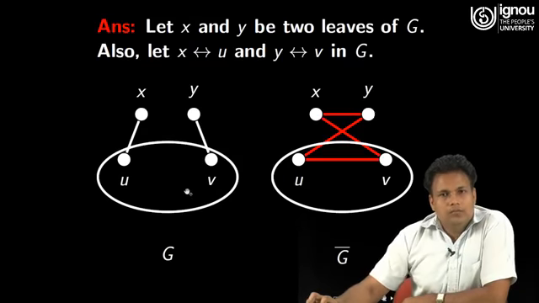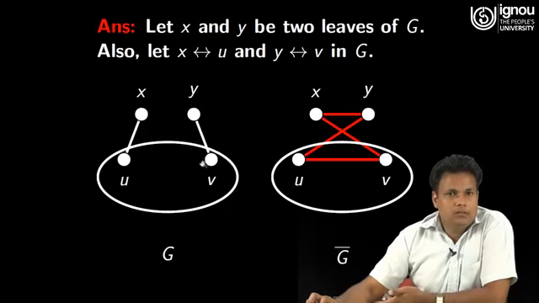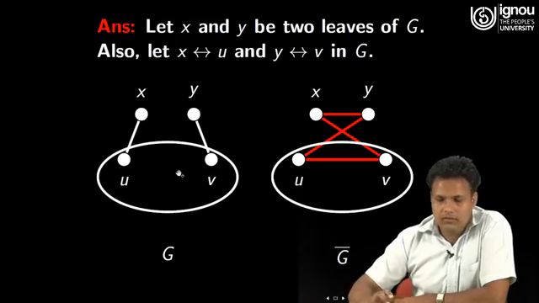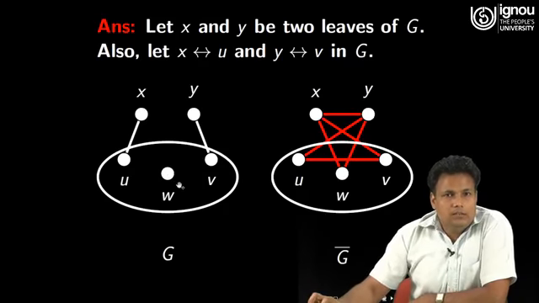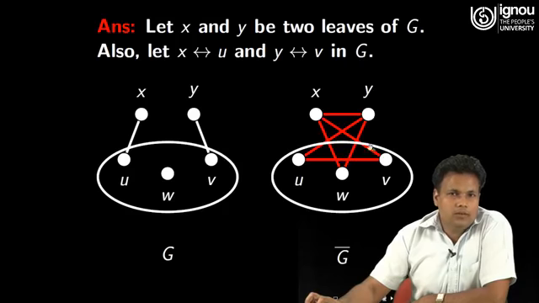Now, you just consider any vertex apart from these 4 vertices. If a graph has only these 4 vertices, then there is nothing to prove here. So, suppose there is one more vertex, say W in G. Then W is not adjacent to both x and y, and hence W would be adjacent to both x and y here.